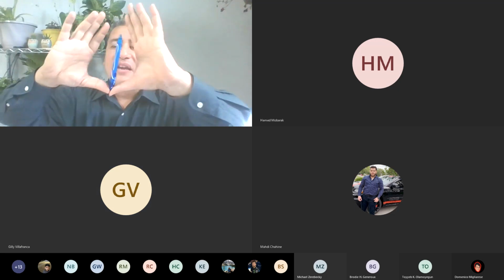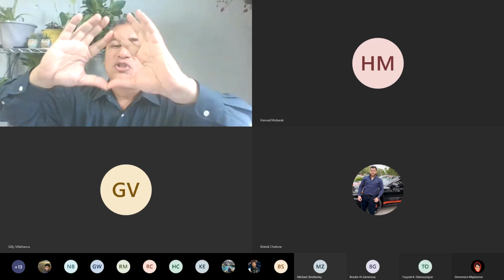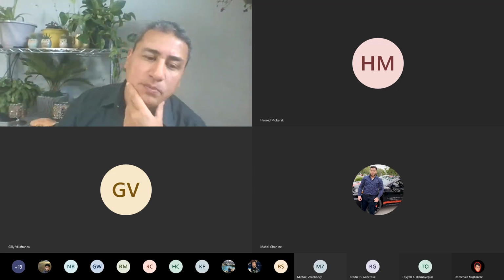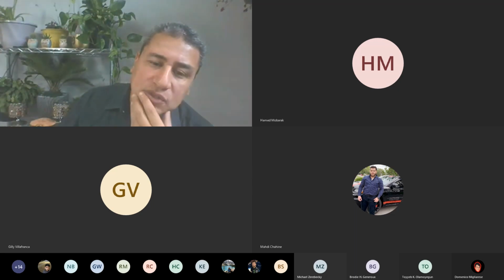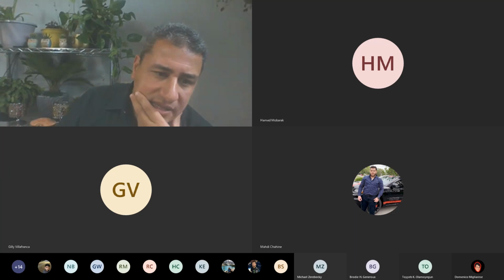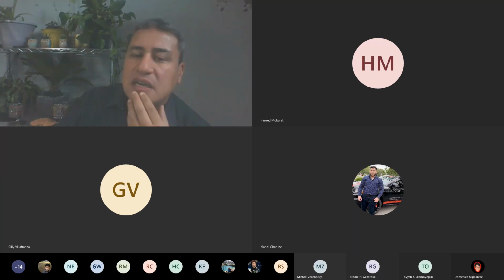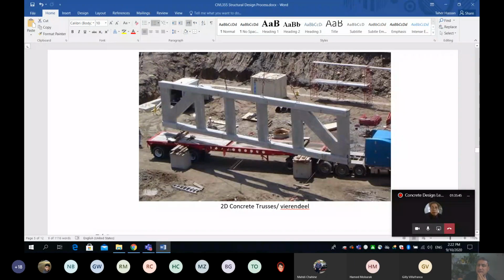Otherwise, if I remove this, you can see I can simply change the shape. So let's watch back to my desktop. Okay, guys, what's missing here is simply the diagonals, and the diagonal is what turns your element into a stable system and turns it into a truss. Okay, we can still make it stable.